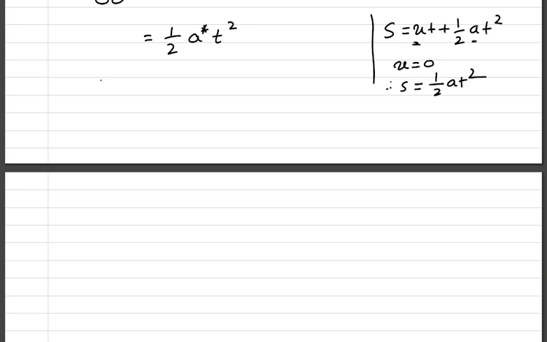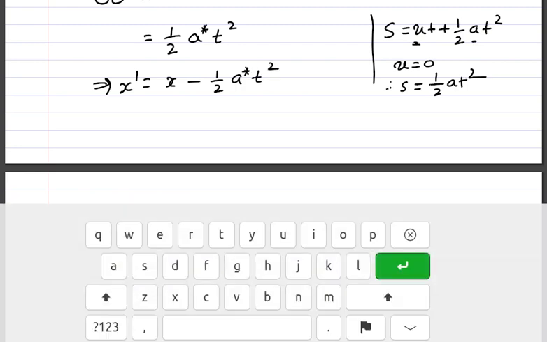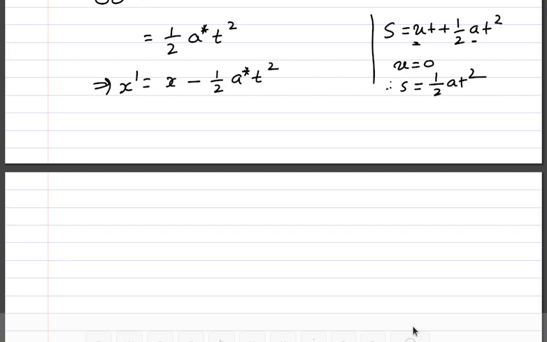And in other words, that implies x dash is equal to x minus half a star t square. Okay, a star t square.